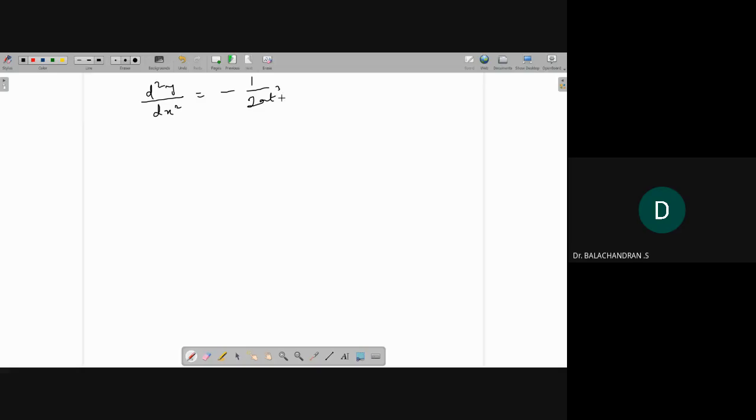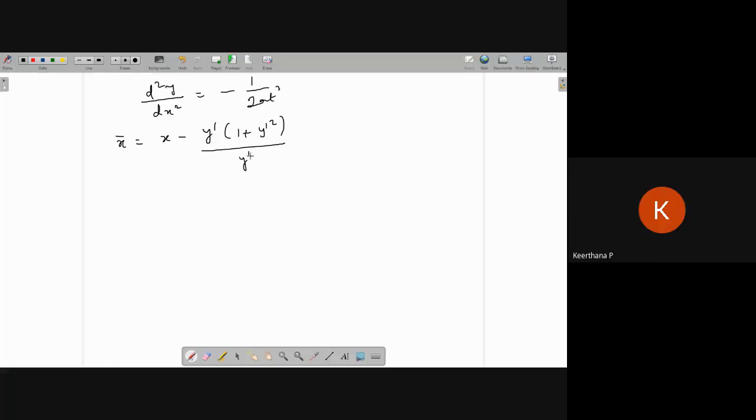Up to this, the second part is over. Next one, who is ready to explain how to calculate x bar? First tell what is the x bar formula. x bar is equal to x minus y dash into 1 plus y dash square divided by y double dash.